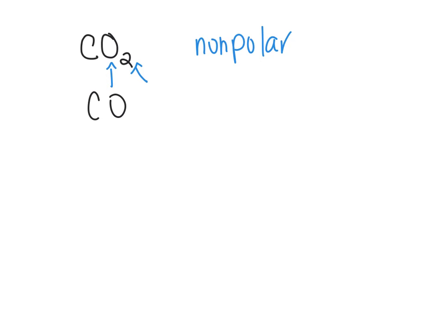So for instance, carbon dioxide. Carbon is bonded to one other element, the oxygen, and there's an even number, so this would be nonpolar. Carbon monoxide is bonded to one other element, but it's an odd number, 1, so this one is polar.